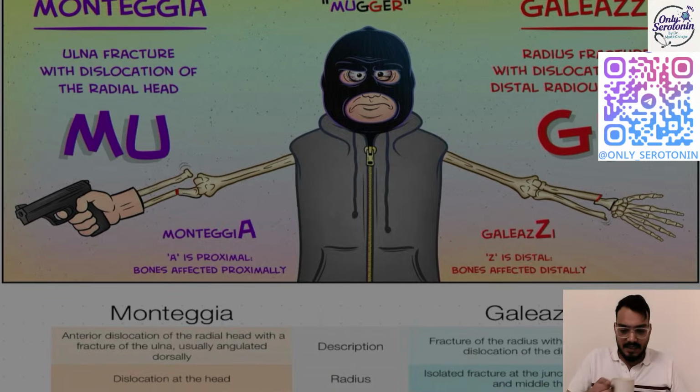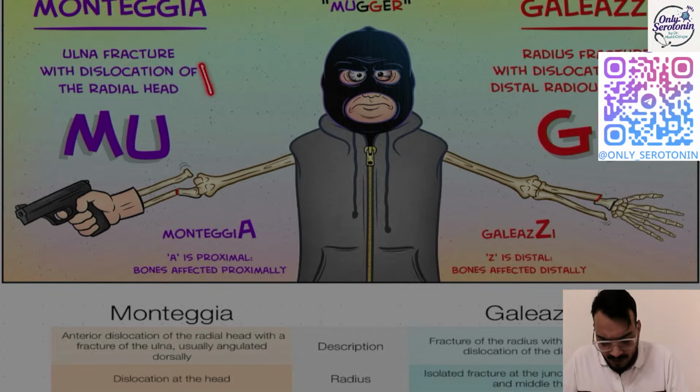We are having Monteggia and Galeazzi. What is Monteggia and Galeazzi, guys? First of all, they are about the fractures of your ulna as well as the radius. So in Monteggia, we are going to have everything on the proximal side.